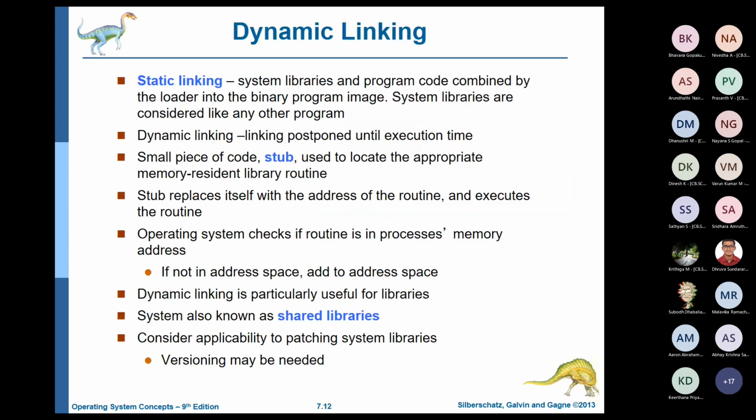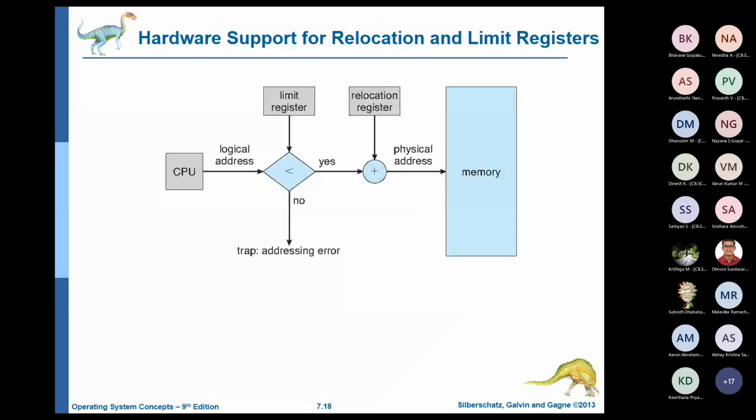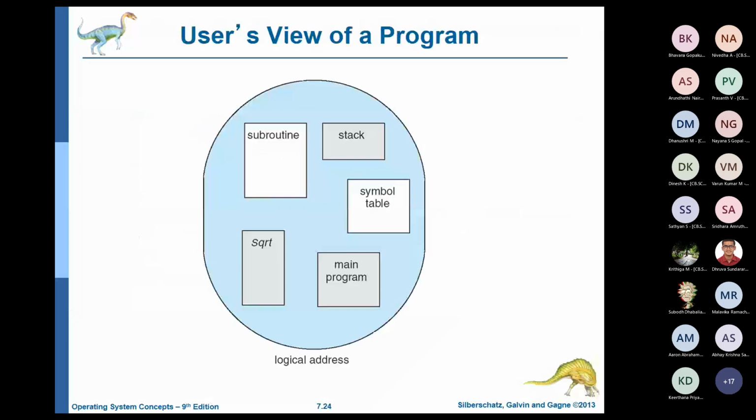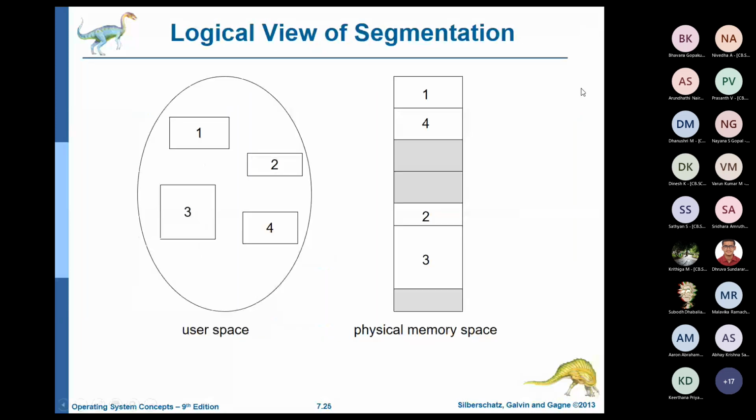Now, what you can do is, you can have the physical memory space in the form of frames. Each of these is a frame. 1 is a frame, 4 is a frame, 2 is a frame, 3 is a frame. Likewise, you can segment the program into blocks or segments. First segment is main memory, second segment is library functions, third segment is global variables, fourth segment is local variables.